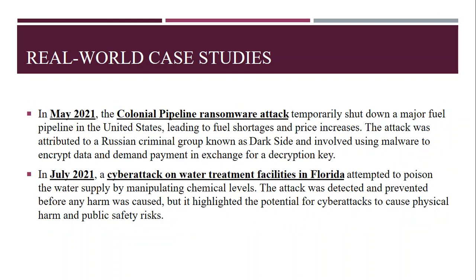In May 2021, the Colonial Pipeline ransomware attack affected the fuel pipeline in the United States, which led to fuel shortages and price increases. The price increase in fuel led to other price increases, which caused a major effect in the United States, and it was found that it was done by a Russian criminal group, which demanded a ransom.